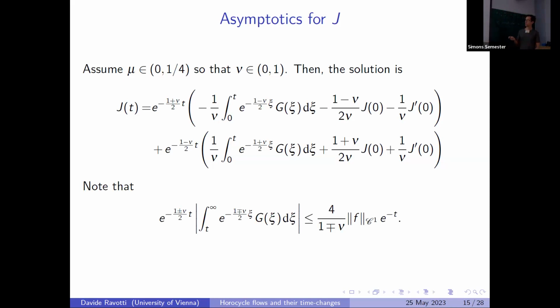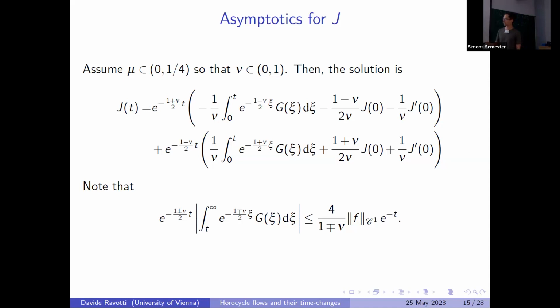Well, I commit an error, the error being the integral from t to infinity, bounded by the absolute value of the integral from t to infinity, which is multiplied by this term in front over here. So by replacing this integral with the integral from 0 to infinity, I commit an error, once I multiply also by the factor in front of the parenthesis, that is bounded by some constant that depends on my value nu times the C1 norm of f.